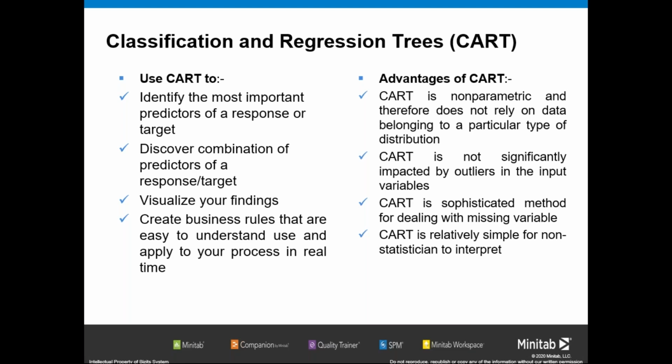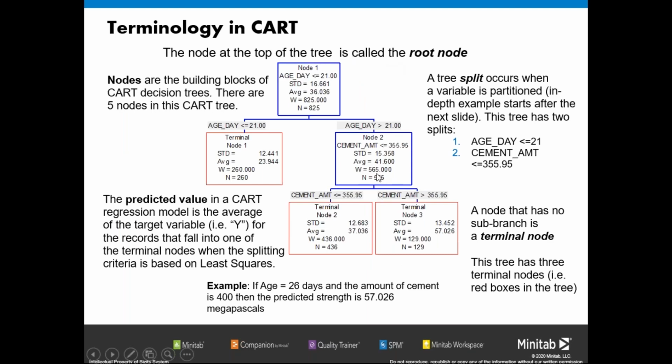That's why CART can handle outliers and missing data. CART is a sophisticated method for dealing with missing variables. CART is relatively simple for a non-statistician to interpret, because CART has a tree. In regression we have the equation, but in CART we have a tree.